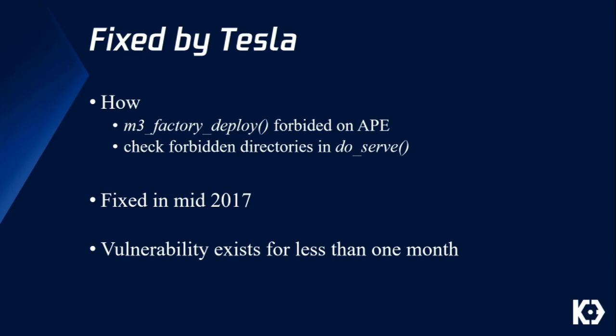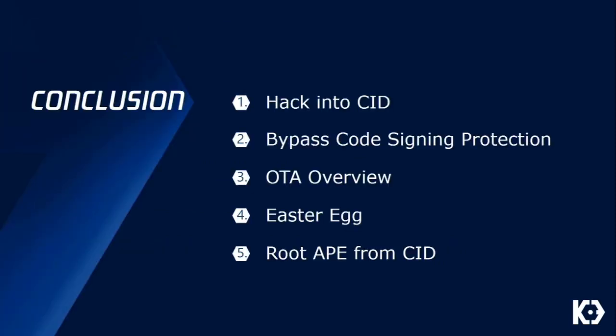Tesla fixed this vulnerability by forbidding function M3 factory deploy from running on APE and adding a check of forbidden directories in function do serve. This vulnerability was fixed in mid 2017, and it existed for less than one month.